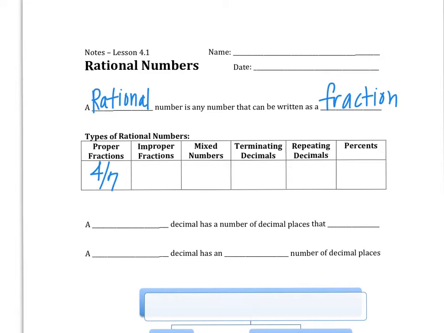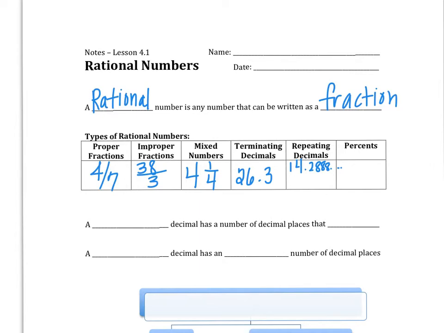We have improper fractions, which would be like 38 thirds. We have mixed numbers. 4 1/4 would be a mixed number. Terminating decimals, 26.3. And repeating decimals, which would be, for example, 14.2888 and on, forever and ever.